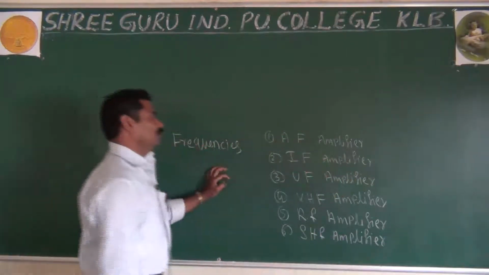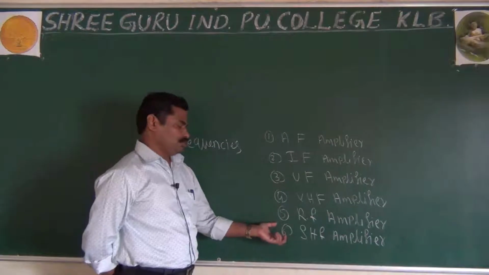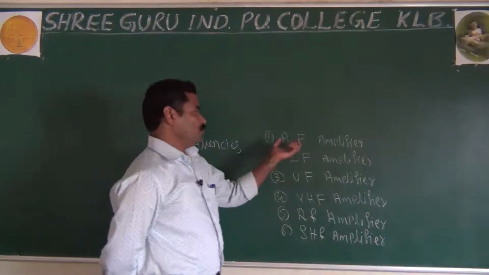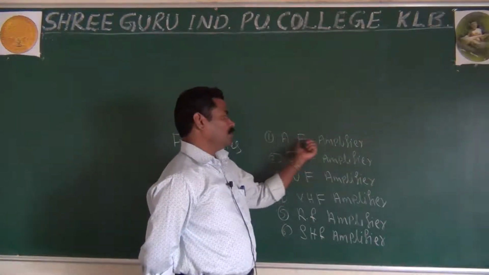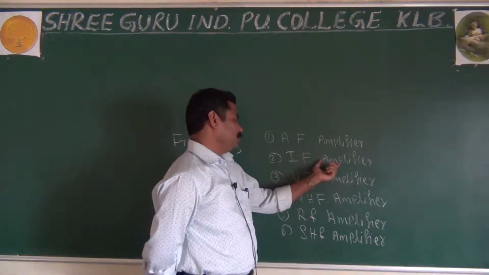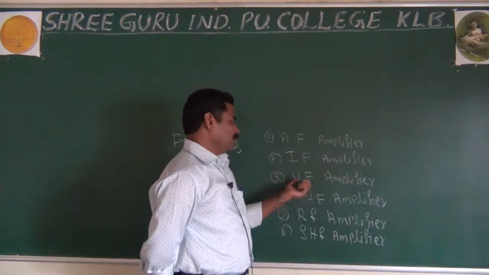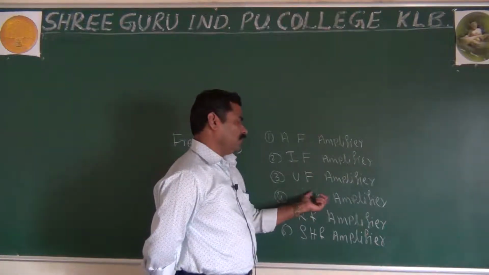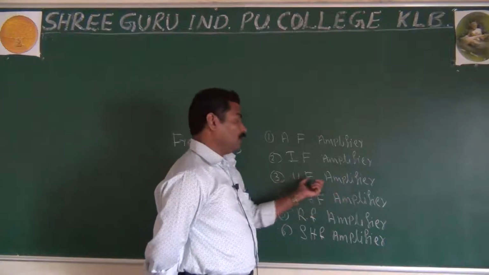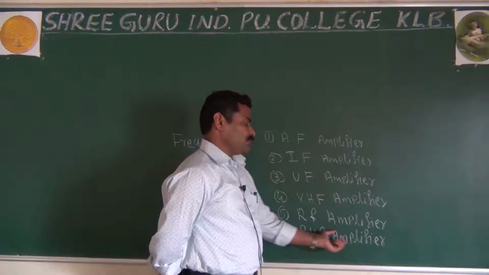It means depending on frequency, you have nearly 6 types of amplifiers. First is the audio frequency amplifier, and next the intermediate frequency amplifier. Then we get the radio frequency amplifier. Then the very high frequency amplifier, then the ultra high frequency amplifier, and also the super high frequency amplifier.